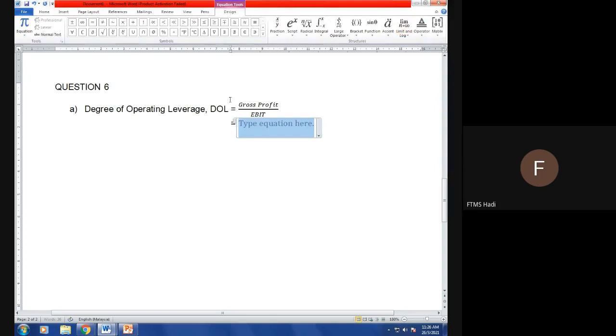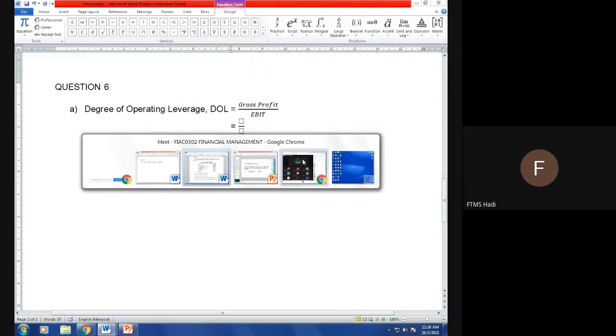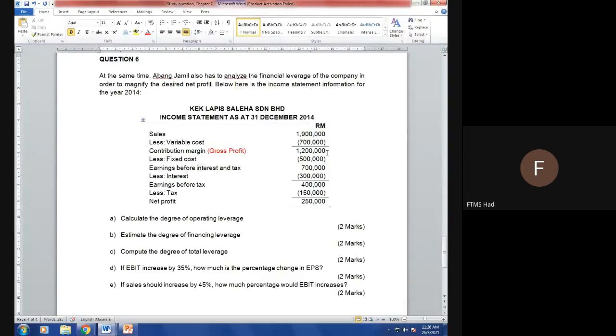Where do we get these figures? Have a look at the question. Gross profit, 1.2 million.